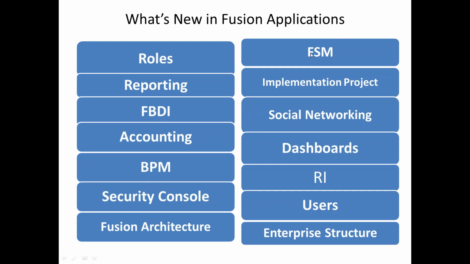And FSM, Functional Setup Manager. In EBS, if you want to do the setups for a particular application, we have to go to the relevant responsibility and you can do the setups. But in case of Fusion, any application related configuration you can do from FSM. FSM is a centralized environment to do any application related setups. If you want to do the payables setups, you can do them from FSM.